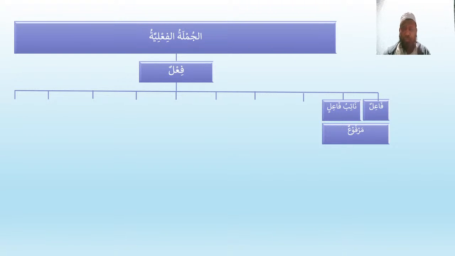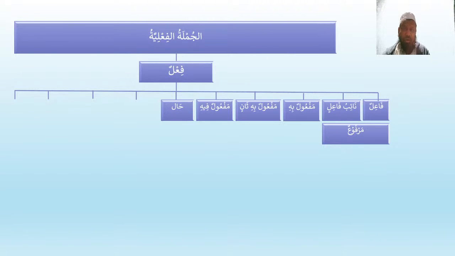So what are they? Number one, we've done maf'ulun bih, the direct object of the sentence. Maf'ul bihi thanin, the second direct object. And then maf'ulun fihi, the ism that tells the time or the place. Next is hal, which tells us the status of the doer or the object.